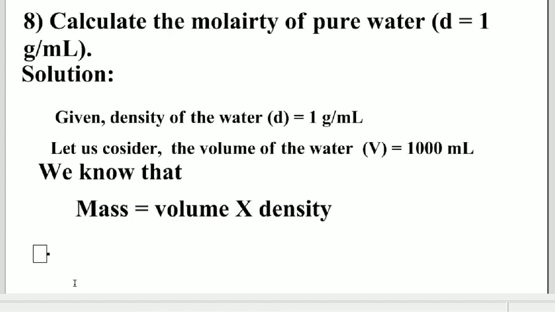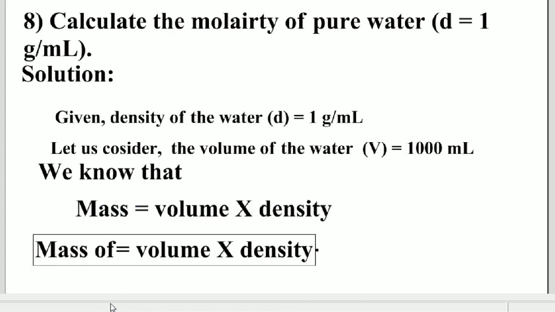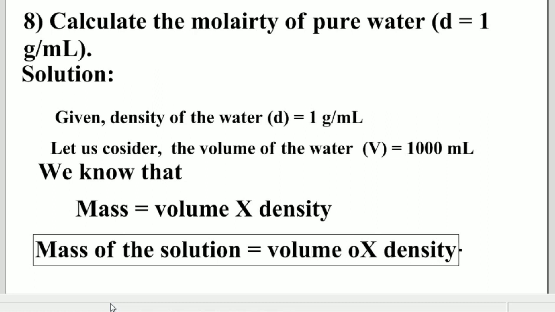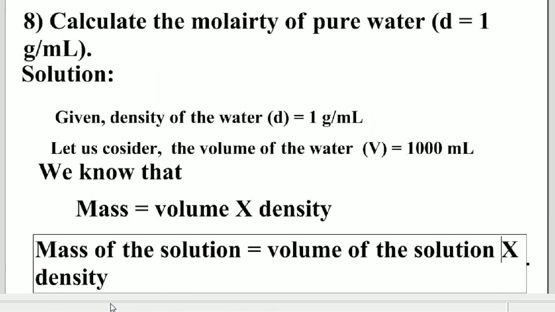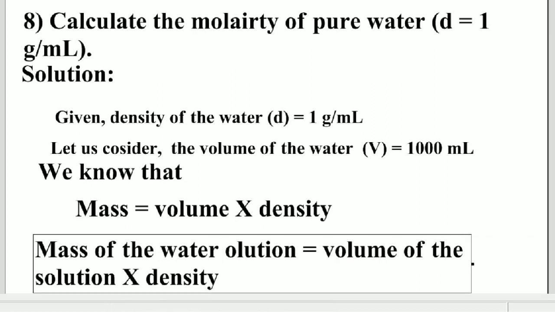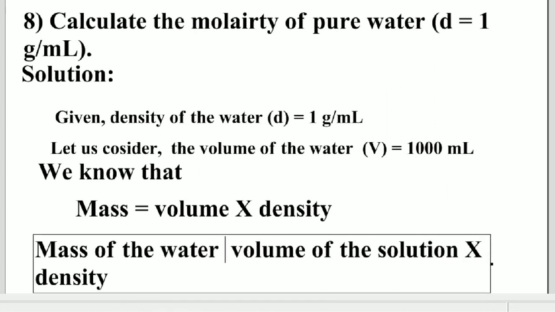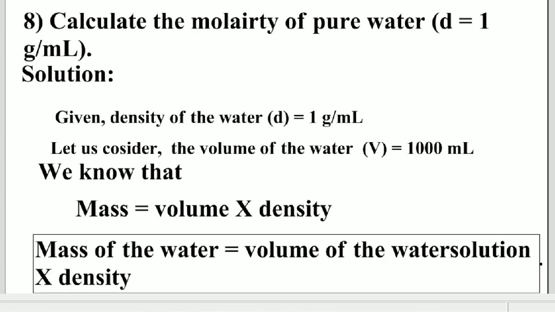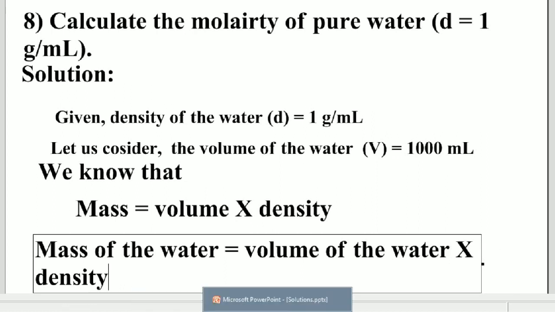That implies mass of the solution is equal to volume of the solution into density. Here the solution is water only. Therefore mass of the water is equal to volume of the water into density of the water.